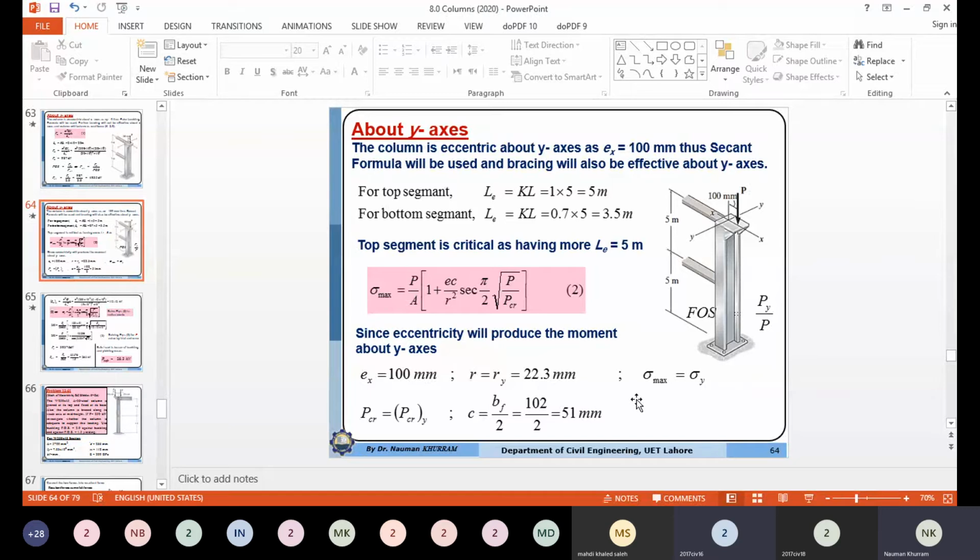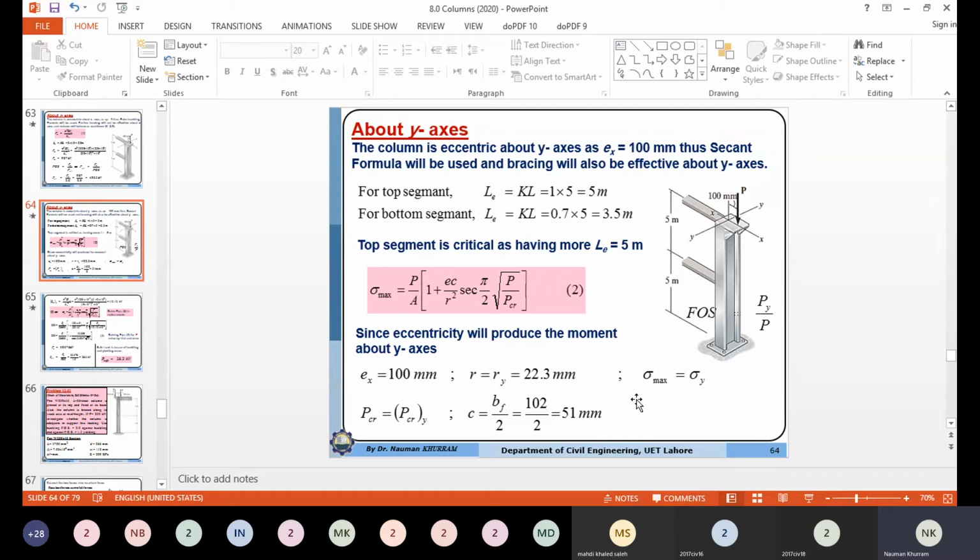Sir, yes, we can also fix it. We can fix it too, as we studied in steel structures: if we are welding all around, you understand me? Yes, sir. If the flange and the web are both connected, then it may be fixed. But mostly we consider this bracing point as a pin, because if we consider pins, our solution will be more conservative, on the safer side, because the effective length will be more.